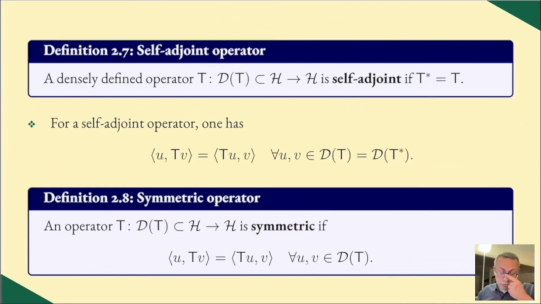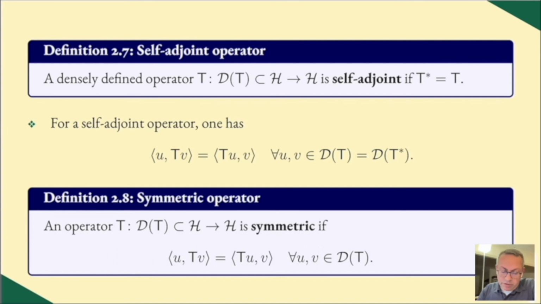Now I want to introduce two more notions. They are closely related, but we should be careful and distinguish these two notions. The first one, which is important for us, is the notion of self-adjoint operator. Of course, in lecture 1, I used the term self-adjoint without being very precise about it, but now we will define it precisely.